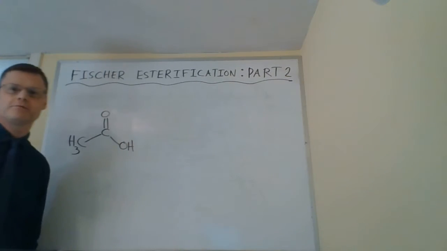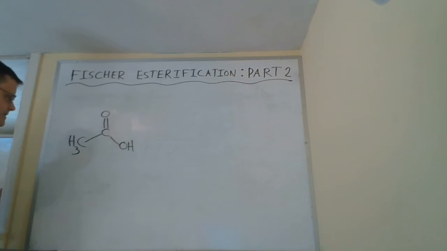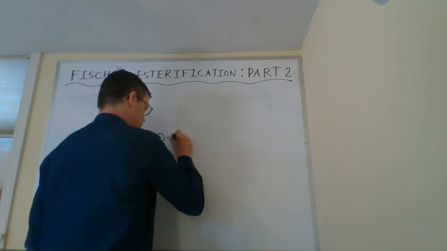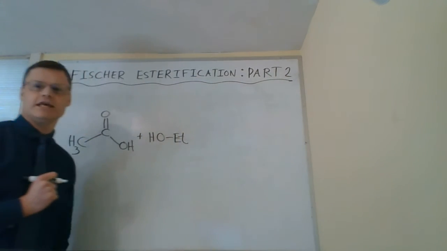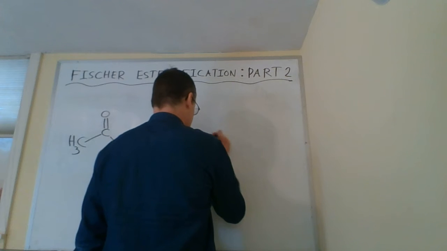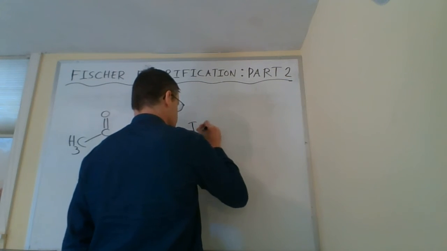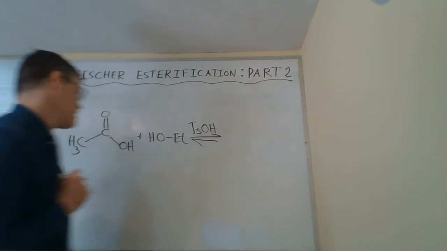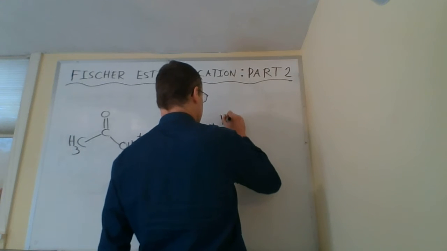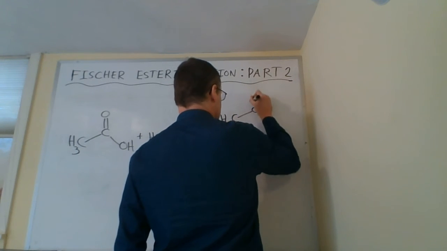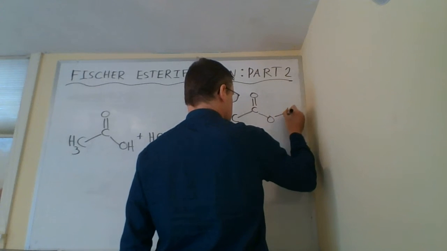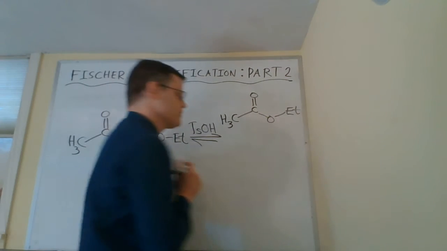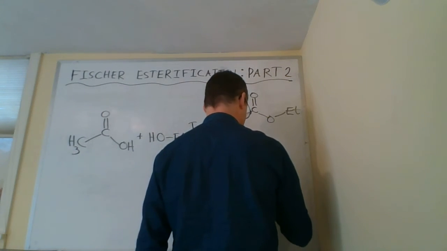All right, so here's my carboxylic acid. It is acetic acid, and I'm going to react that with ethanol. So Et means CH2CH3, and I'm going to use paratoluene sulfonic acid as my proton source, TsOH, and the ester we're going to form is this, which is ethyl acetate, okay, plus water.